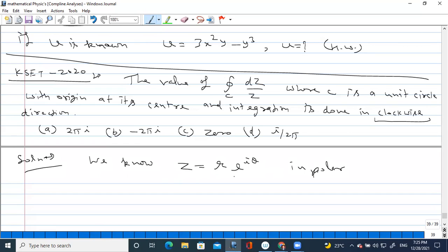So this is my z. If I want to find dz, I have to do differentiation here, and they have told us already that your circle is the unit circle. Unit circle means radius is 1. So r is the radius now.